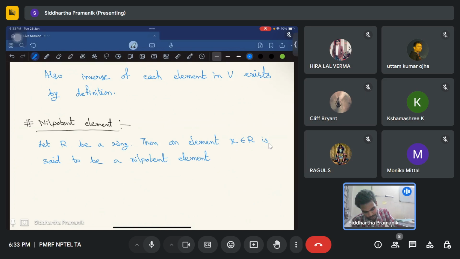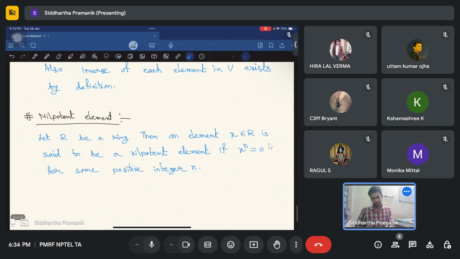Okay, so an element X in R is called nilpotent if X power n is 0 for some positive integer n. Okay, 0 means the zero element of the ring, which is the additive identity, means identity under the addition. So X power n is 0 for some positive integer n.